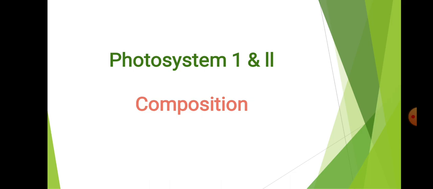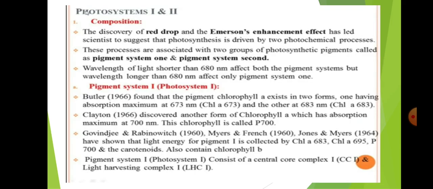Now first of all, we study the composition of photosystem 1 and photosystem 2, which are involved in photosynthesis. The discovery of the red drop and the Emerson enhancement effect has led scientists to suggest that photosynthesis is driven by two photochemical processes.